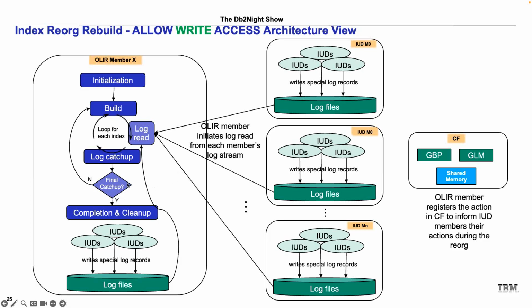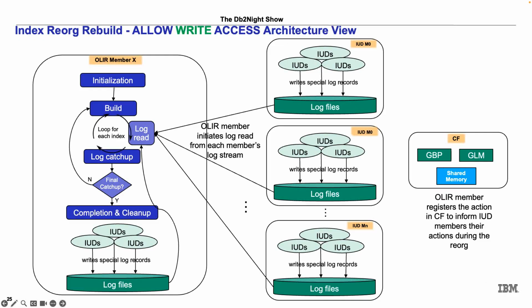Starting from this point on, nobody can do writes. Nobody can write additional special log records. Okay, so this will allow us to catch up 100% of the remaining log records and then move on to the completion and cleanup phase.